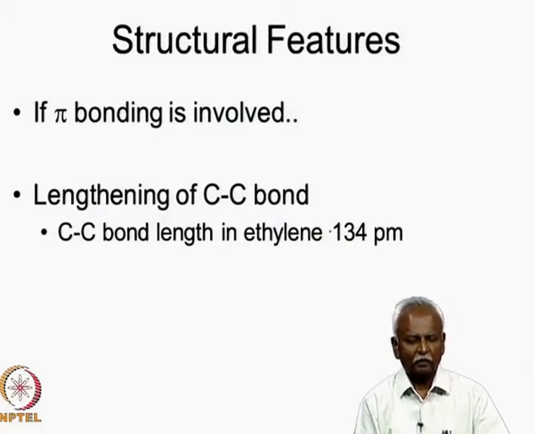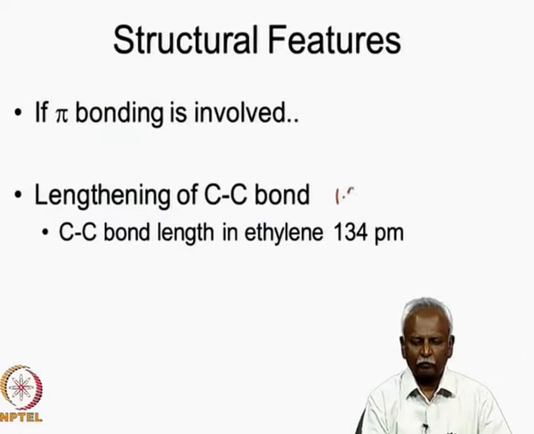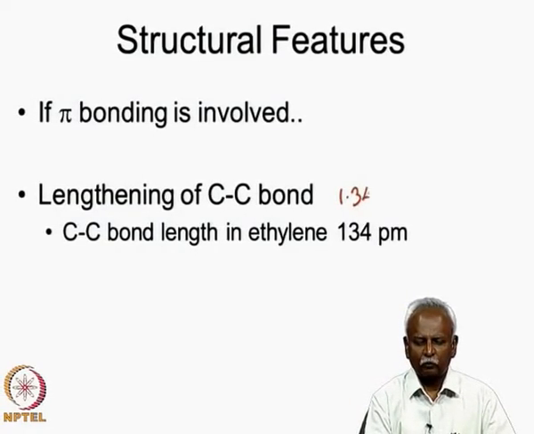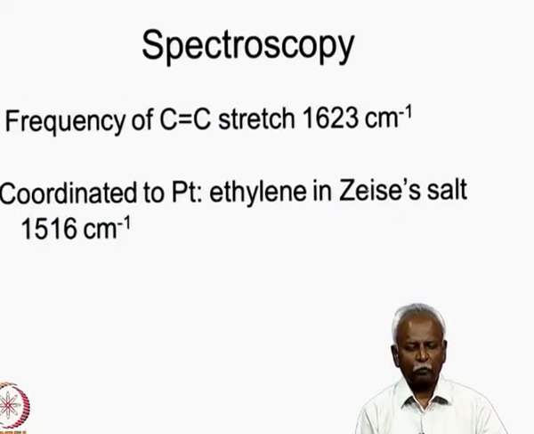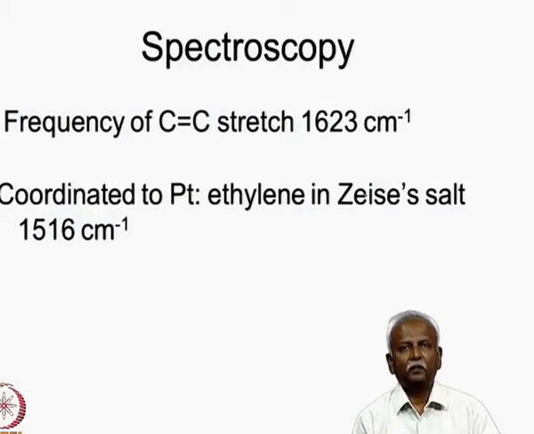structural features. Here I have indicated that the carbon-carbon bond length in ethylene is 134 picometers, or if you prefer the angstrom unit, it is 1.34 angstroms. And if one forms the complex, then the carbon-carbon bond length increases.